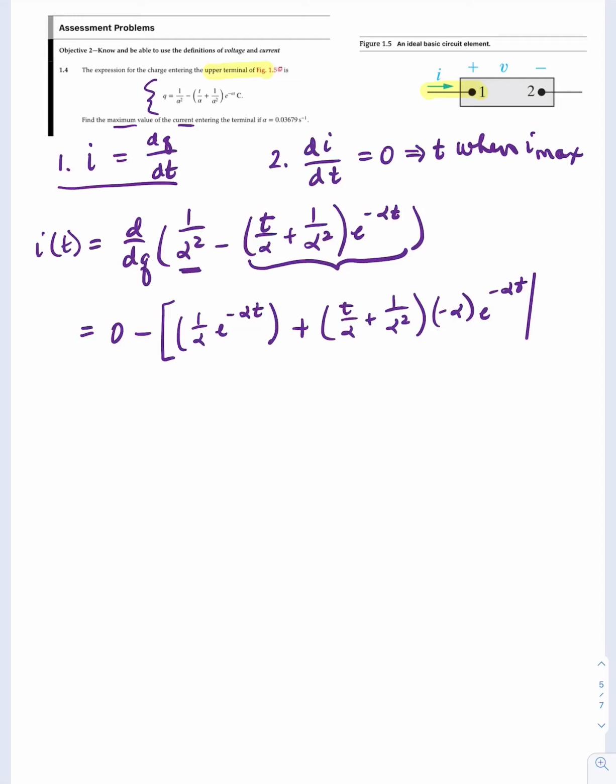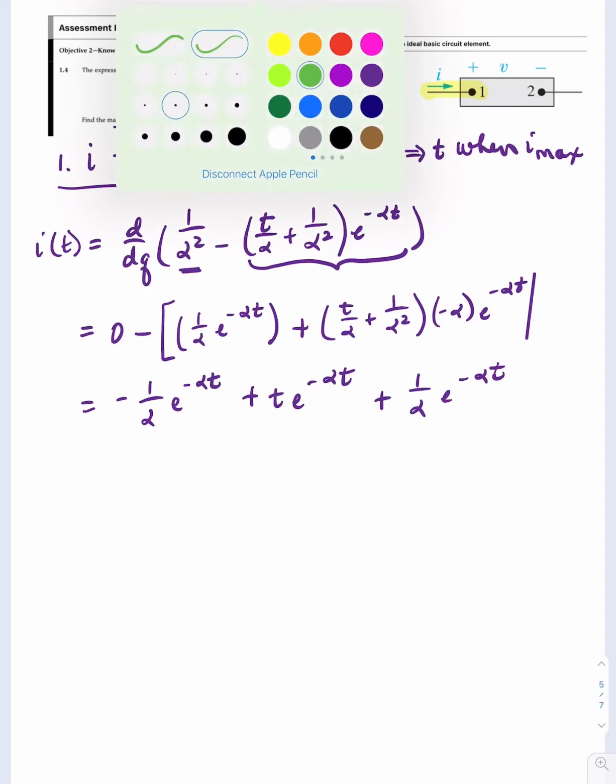And let's multiply that out. So we have minus 1 over alpha e to the minus alpha t plus t e to the minus alpha t plus 1 over alpha e to the minus alpha t.